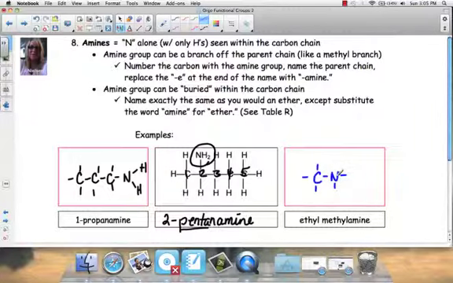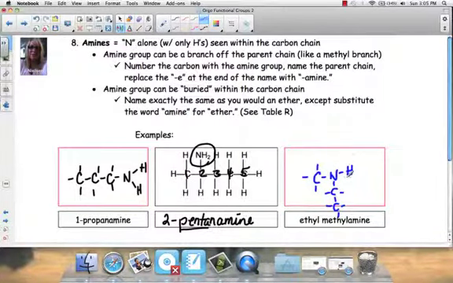Here's our NH2, and we need an ethyl group off of it. Okay, so here's the methylamine, and then we have an ethyl group off of it.